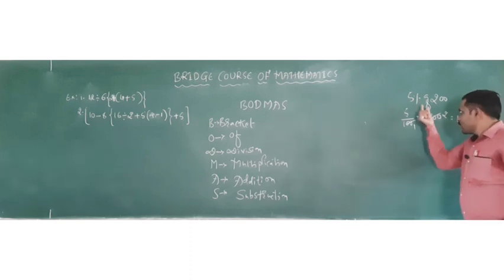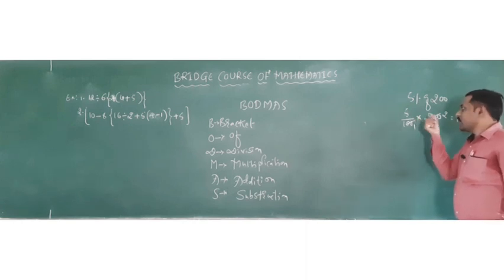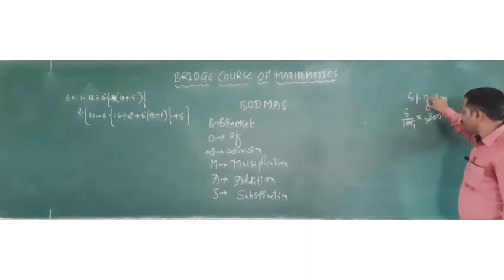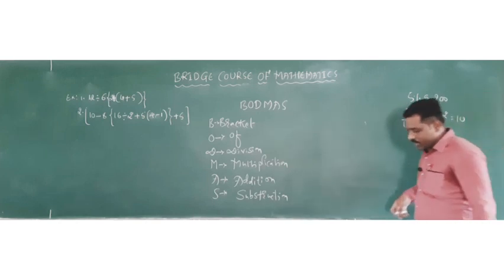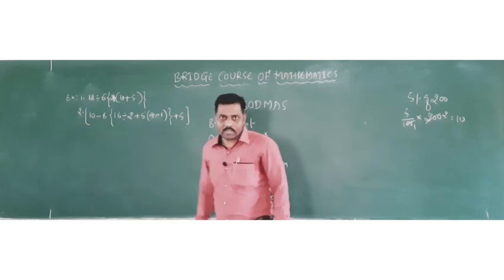So, the of in the given example is working like a multiplication. The nature of of in such types of problems is as a multiplication. So, this is also one of the operations, that is of.